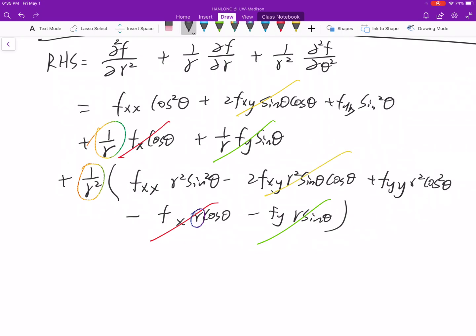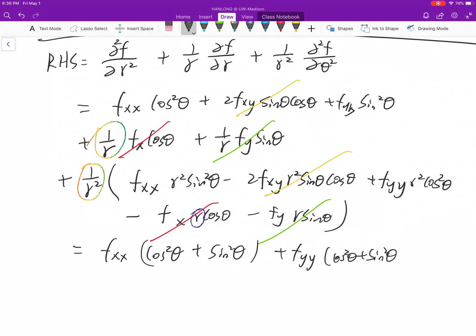So finally, what do you have? You have fxx cosine square plus sine square plus fyy cosine square plus sine square, which is fxx plus fyy.